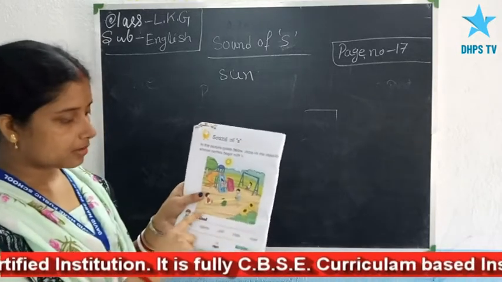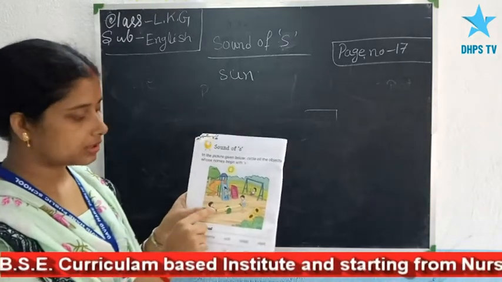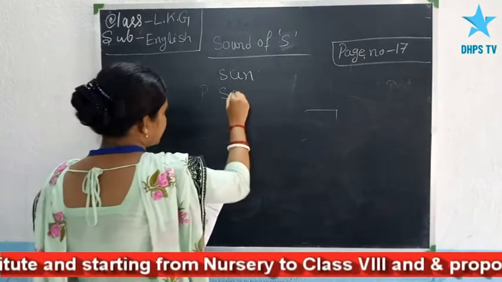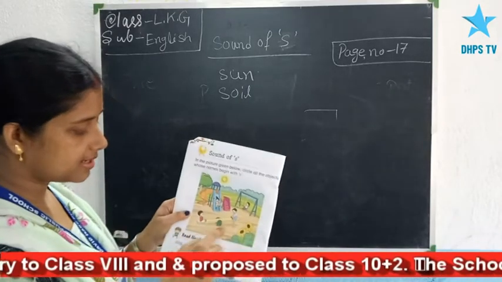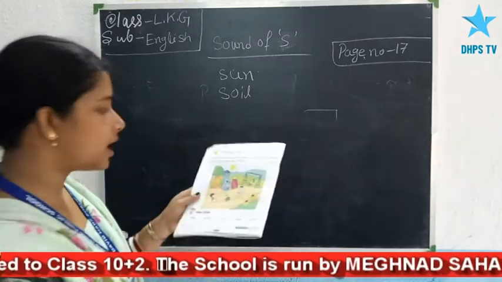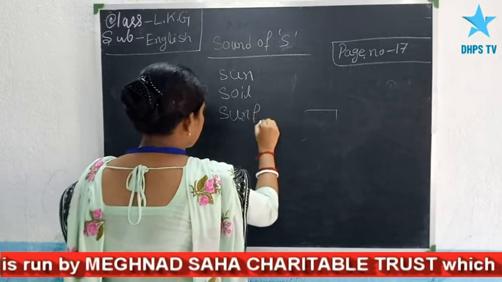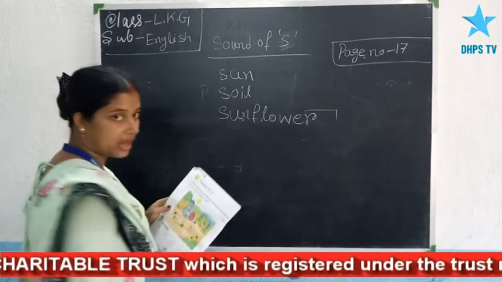Then what is this? On the ground floor, the ground is made up of soil, and soil spelling is S-O-I-L, soil. So put a circle around the soil. Then this is sunflower, S-U-N-F-L-O-W-E-R, sunflower.